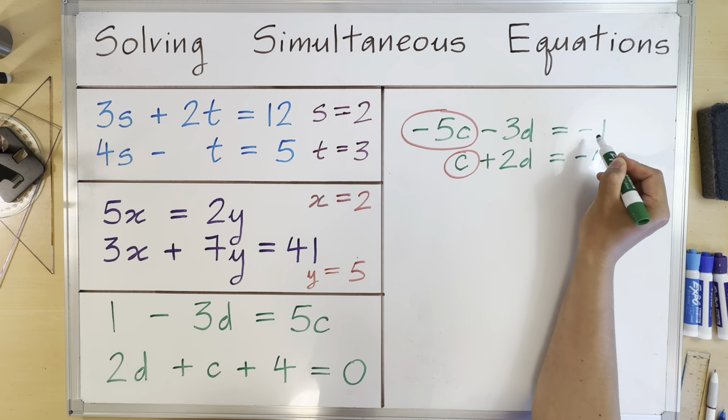We have negative 5c in the first equation and negative 5c in the second equation. If we add the two equations, negative 5c plus negative 5c would become negative 10c. And we don't want that. We want the term to be 0. And so therefore, we are going to subtract the second equation from the first equation.